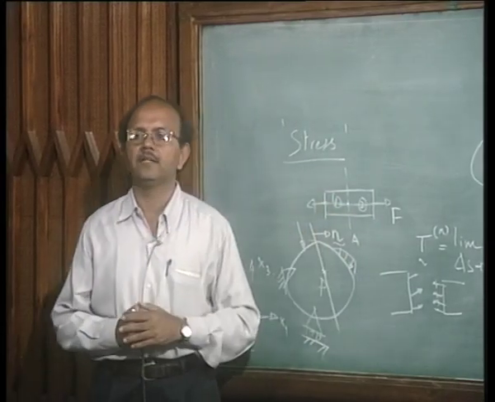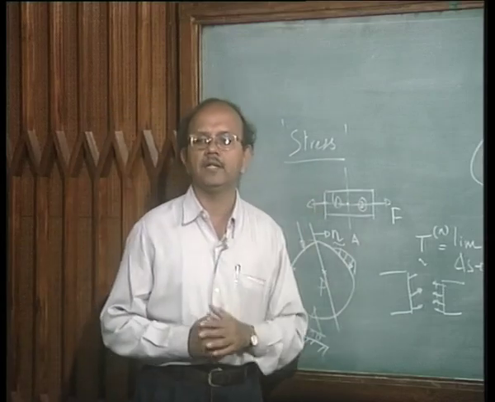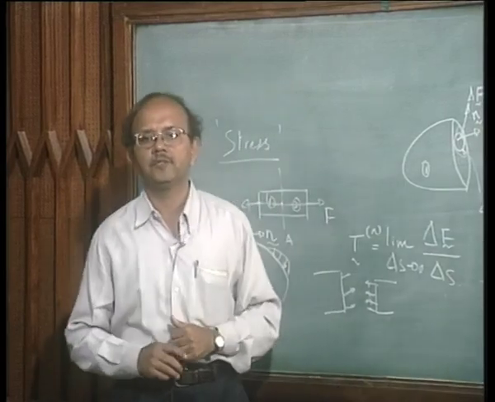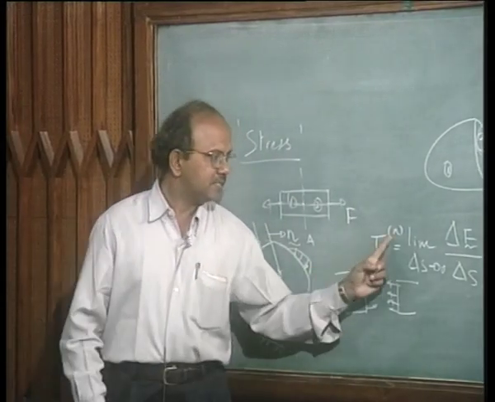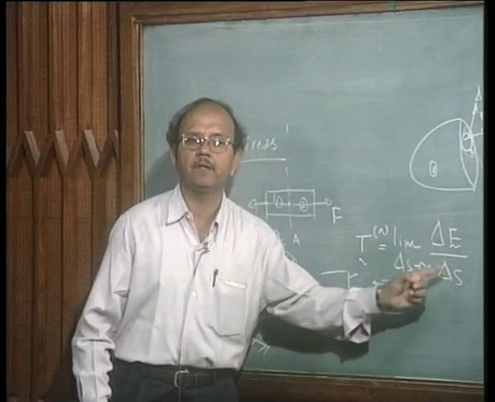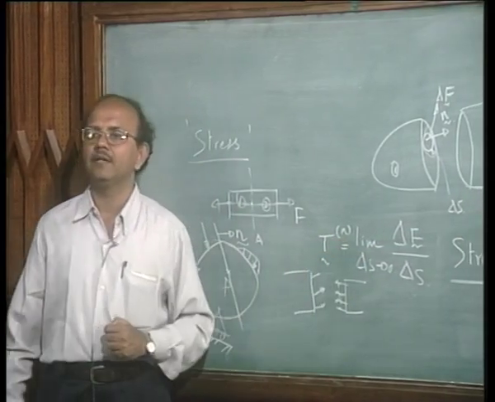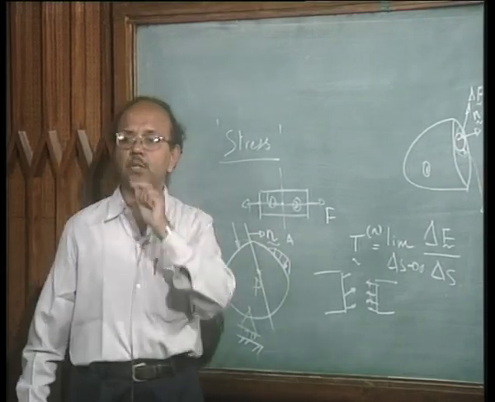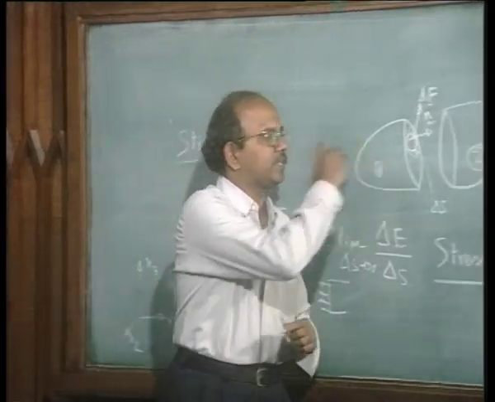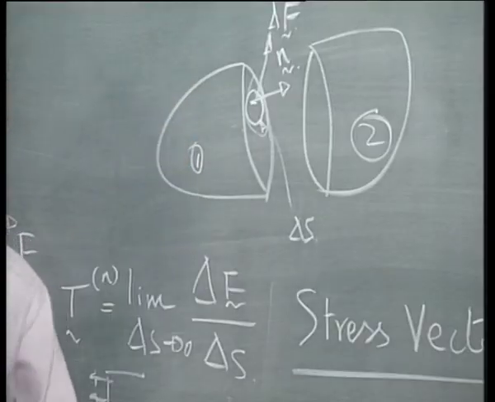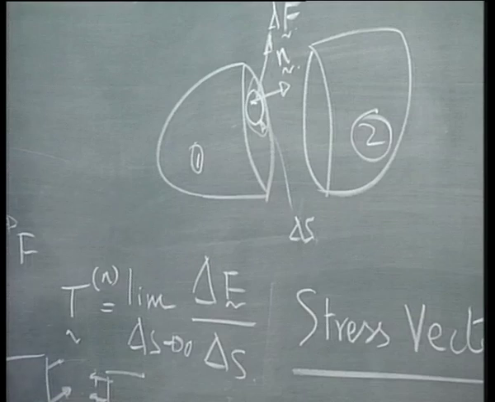We will see that in the course of this class, but it is very clear that the plane becomes important, and that poses a problem. What is the problem? This definition of stress vector is for a particular plane whose normal is n. So suppose I ask you a question, what is the stress at a point P, at this point P, which can be related to my point in the actual component?